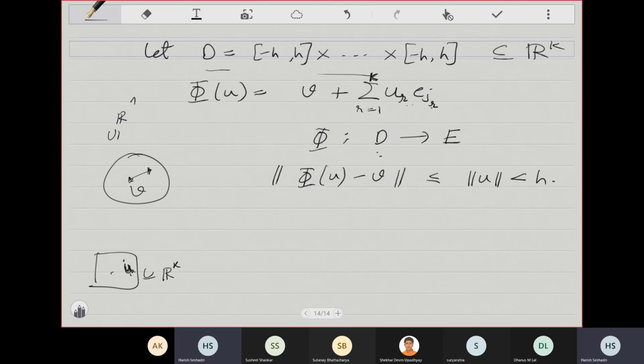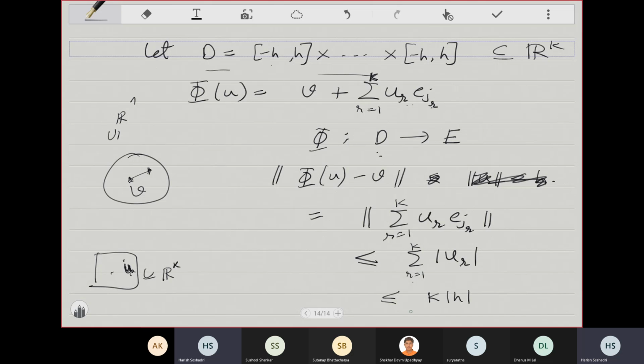Actually, I have to make a small change, I think. Because see, this is equal to the norm of the sum of UR EJR, and then less than or equal to the summation of modulus UR, R equal to 1 to K. But these U1, U2 will lie in these intervals, so the sum will be less than K times h, not h itself.